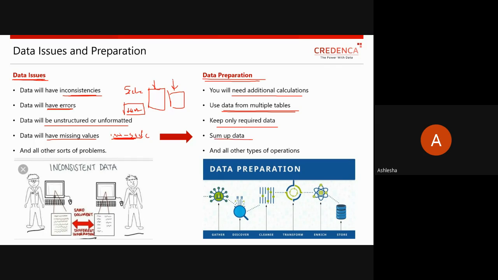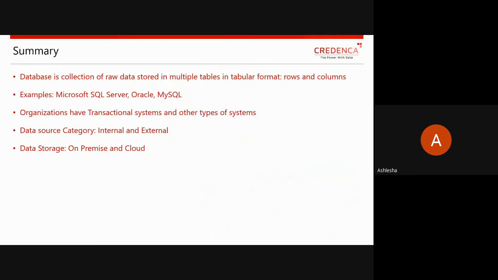So to sum up, there are different types of data preparation or transformation processes we need to go through before analysis, and that stage we refer to as data preparation. This is important to deal with data issues. So this is all about data issues and data preparation.